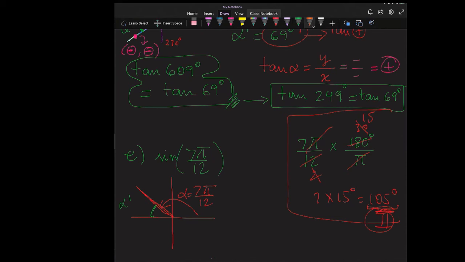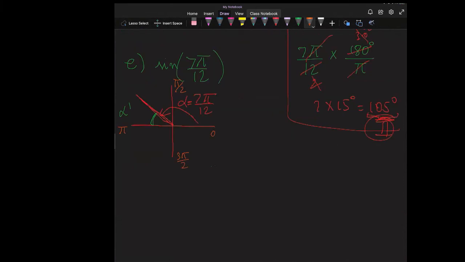So in radians, this is 0, this is pi over 2, this is pi, and this is 3 pi over 2. My reference angle, alpha prime, is 180, but everything is radians now, so I use pi instead, minus the given angle, which is this right here, 7 pi over 12. This computation will give me the measure of the angle in radians, and that's going to be something between 0 and 90 degrees automatically, between 0 radians and pi over 2.